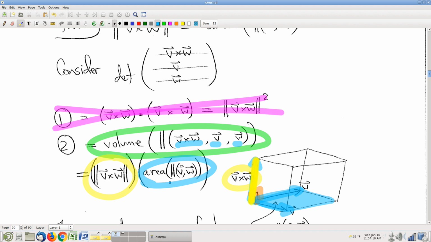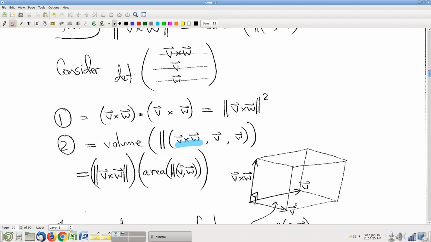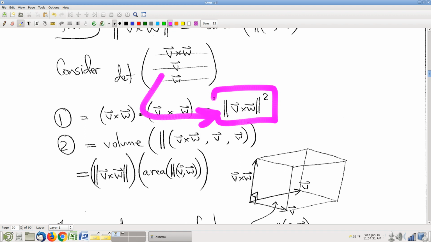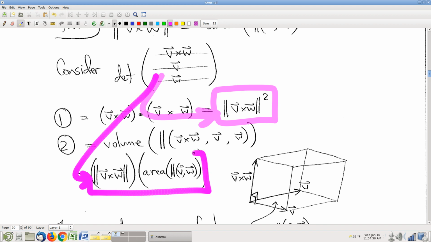We have successfully computed something we're not interested in twice. What's the point of this seemingly useless, silly exercise? We computed this and got that. We computed this and got this. Who cares?